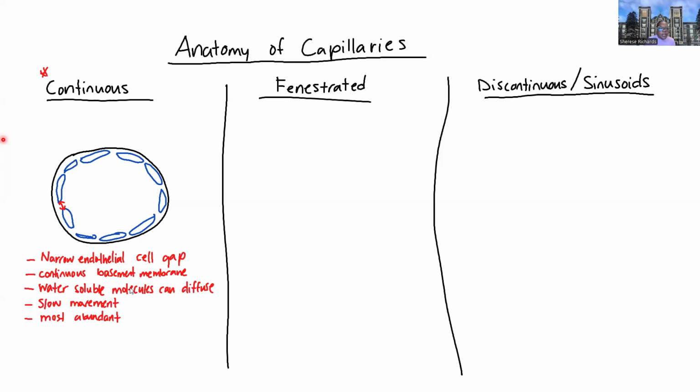Okay. Let's talk about the fenestrated. Fenestrated are going to have larger fenestrations or windows. So also having a continuous basement membrane and then much larger fenestrations in between.